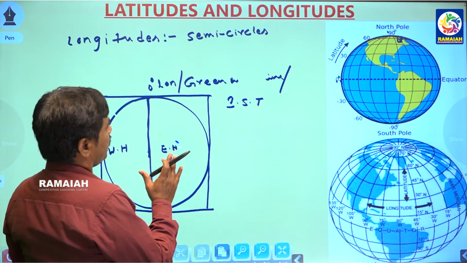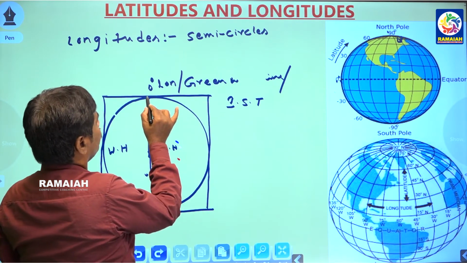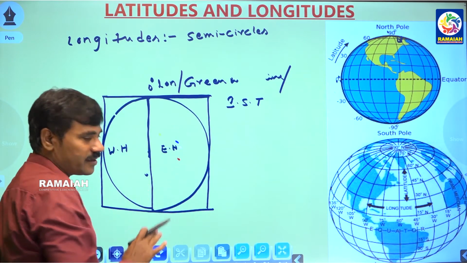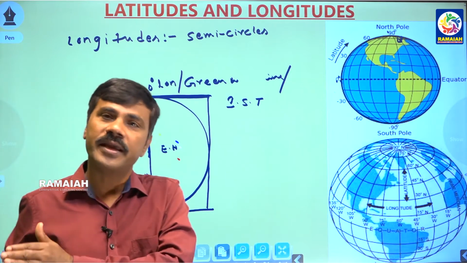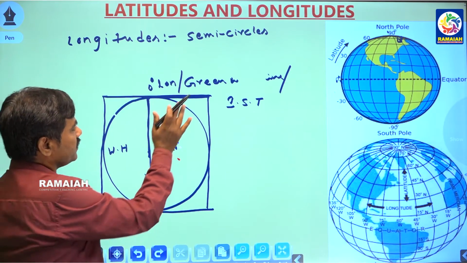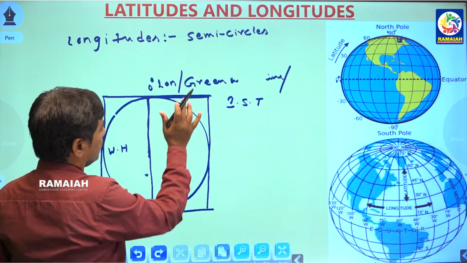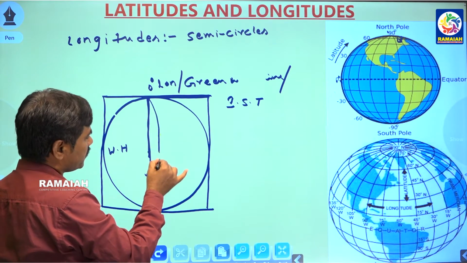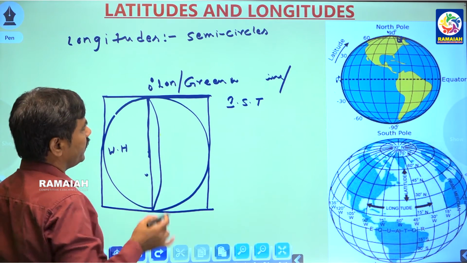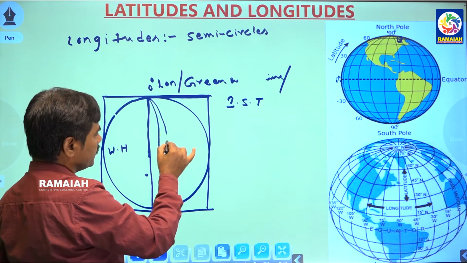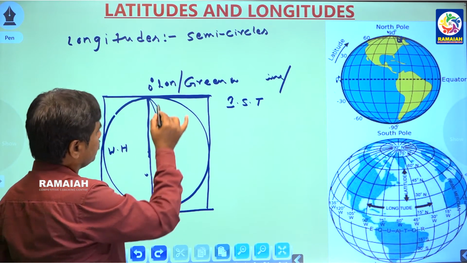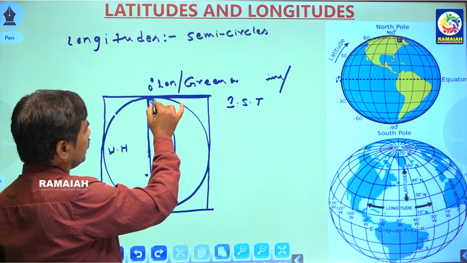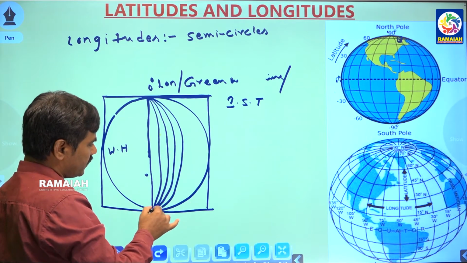Now you can see that from the equator going to the eastern side, the longitudes gradually increase. On the eastern hemisphere there are longitudes, each starting from the North Pole and ending at the South Pole, drawn on the earth surface like this.